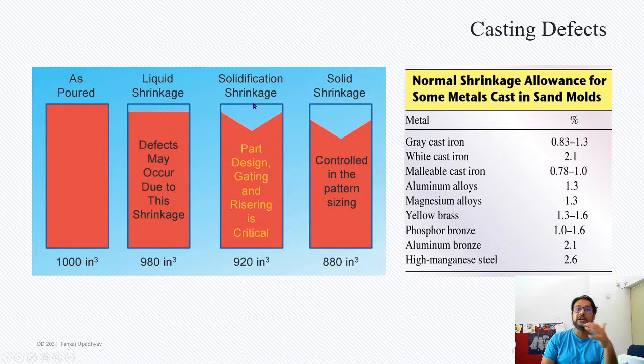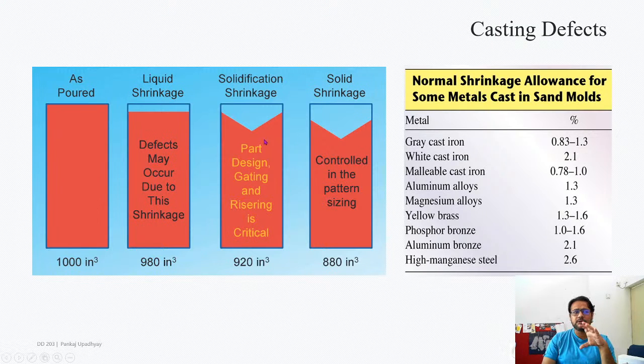Okay, so this is solidification shrinkage. It's not possible to eliminate it, but the way to make it more uniform is by designing the gating and the rising pattern properly.